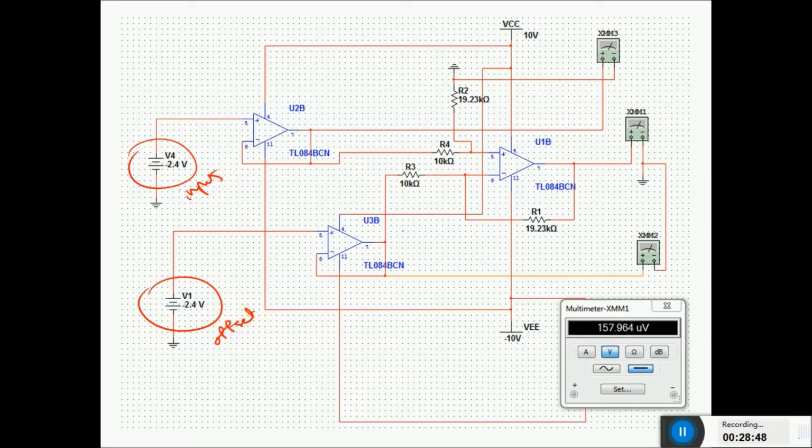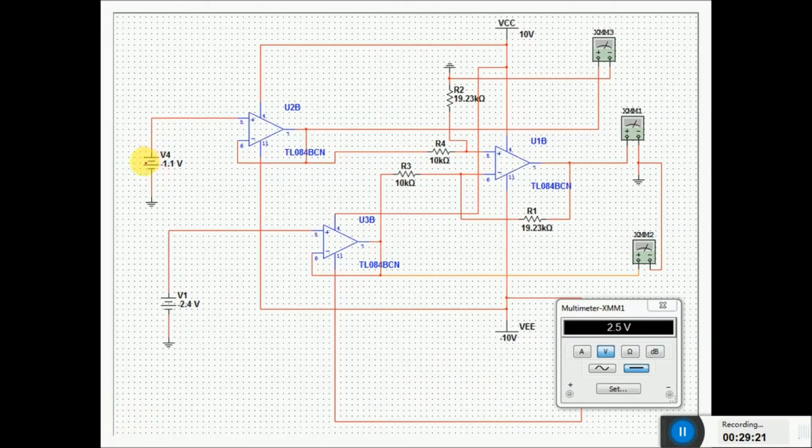So first your input was negative 2.4 volts and your output was 158 microvolts, that is 158 into 10 raised to the power minus 6, or 0.000158 volts, that is approximately equal to 0. So at negative 2.4 volts, we desired a 0 volt output, and we are almost getting it.